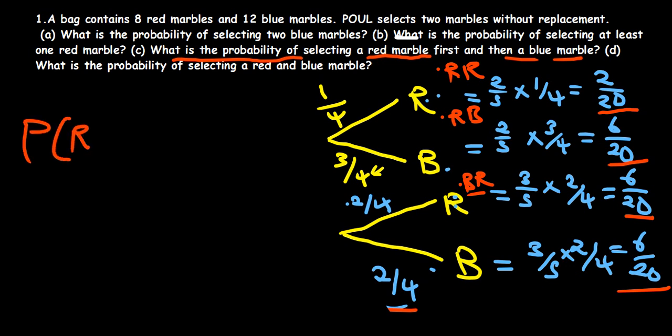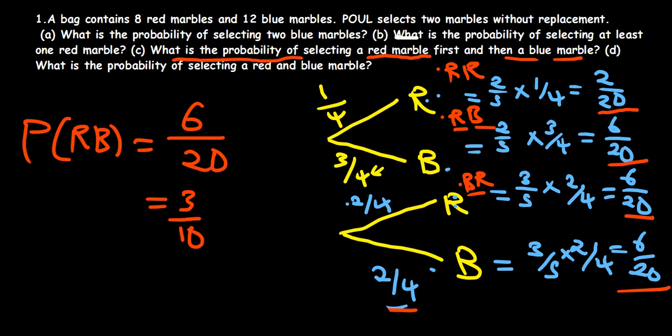That probability we just get from what is here. Red, blue, it was 6 over 20. So this is just 6 over 20, which reduces to 3 over 10. That's the probability of getting a red marble first and then a blue.